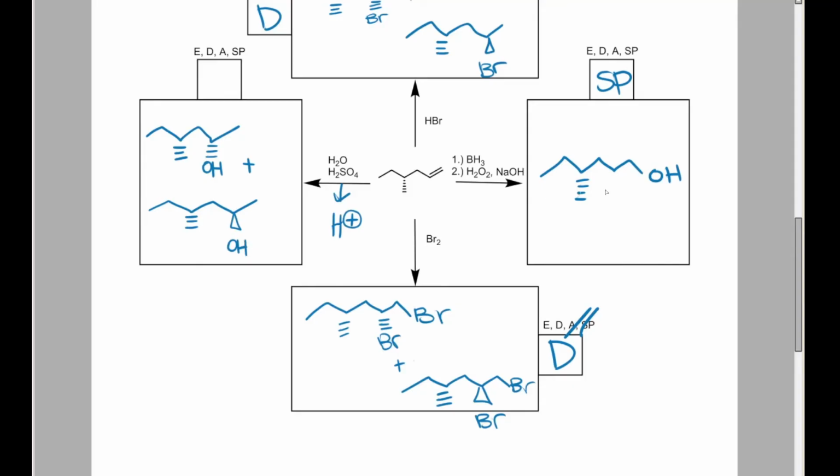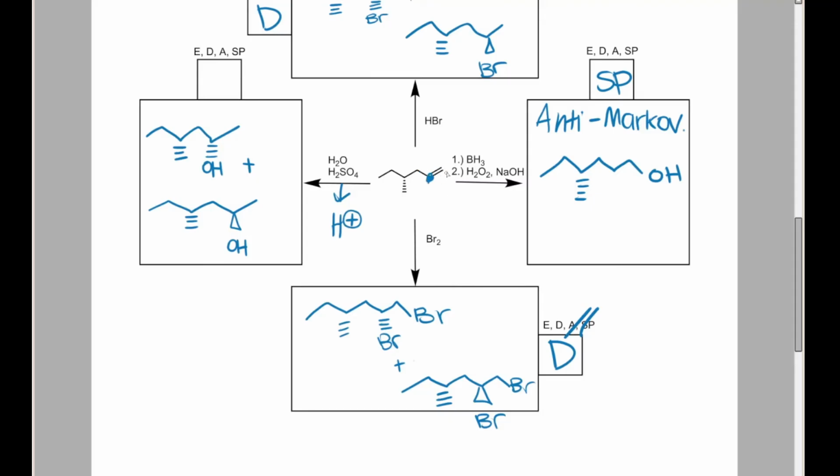And as you can see, compared to this other alcohol reaction that we did previously, which, if you remember, was an anti-Markovnikov reaction, because we have two possible places that the alcohol group can be added from this alkene.